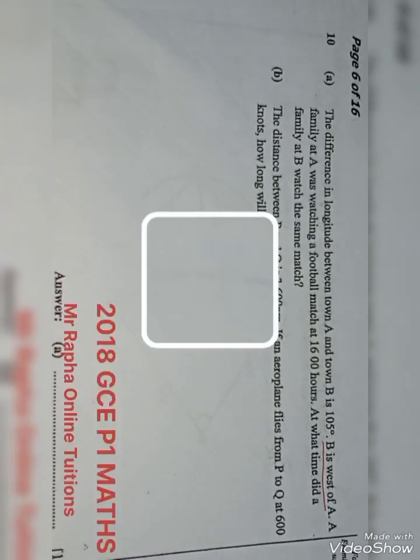So for you to understand properly, I'm going to use a diagram to explain so that you understand what we are talking about. You have the earth. This is the earth.